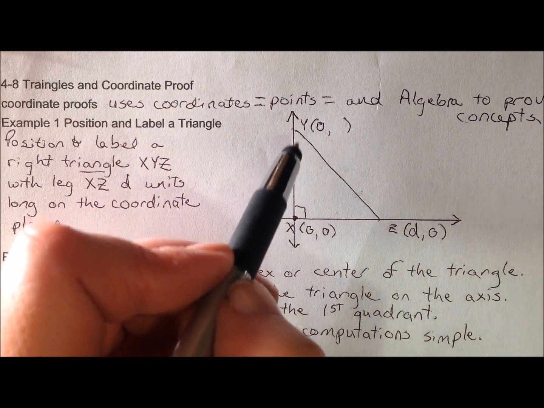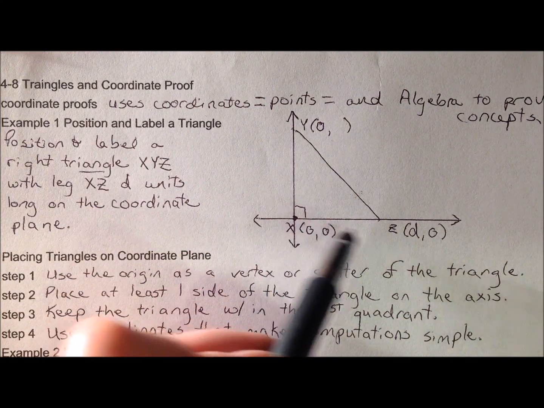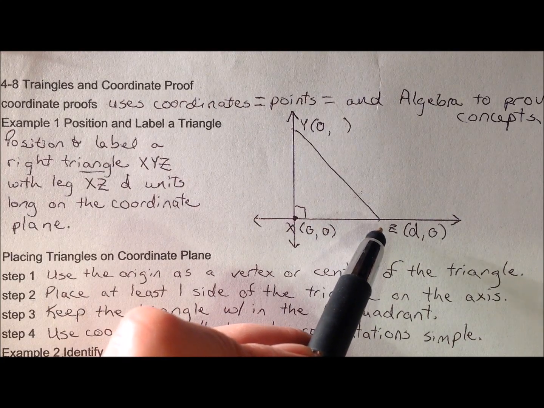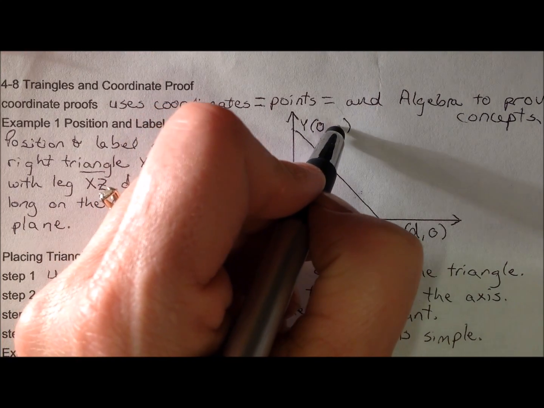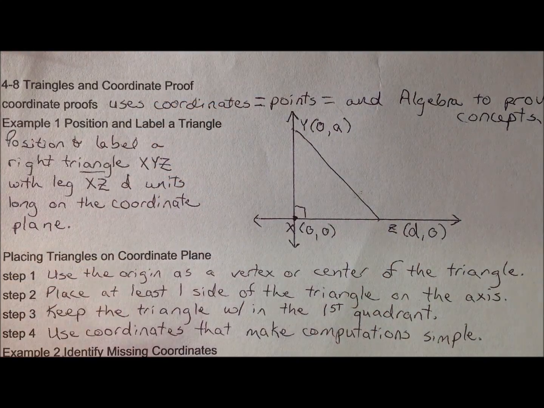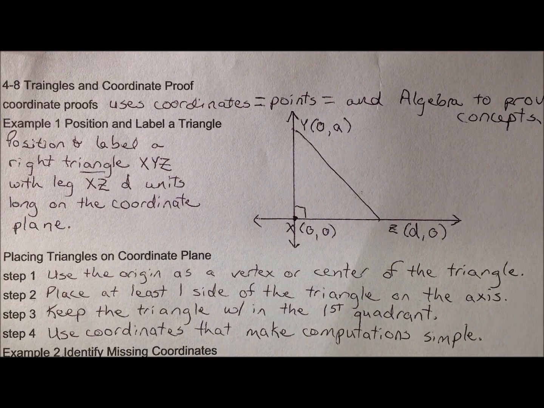Nope. Did they say it was d units like it did here before? Nope. So we cannot assume it is d units that we go up. We have to give it another variable. So let's call it a. So there is how you position and label a triangle when you need to use it for coordinate proofs.